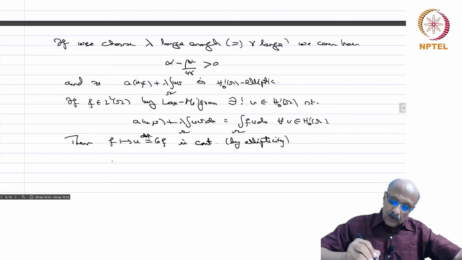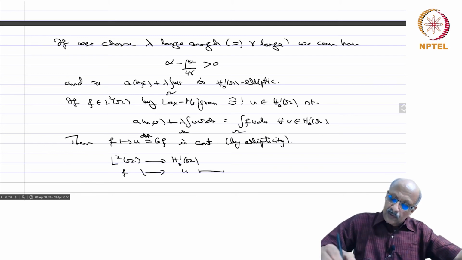Okay. Now, so you have from L2 of omega into H10 of omega, f going to u, and now this will go back to u, so this is the inclusion in L2 of omega.